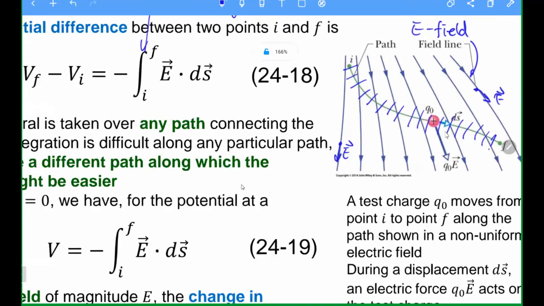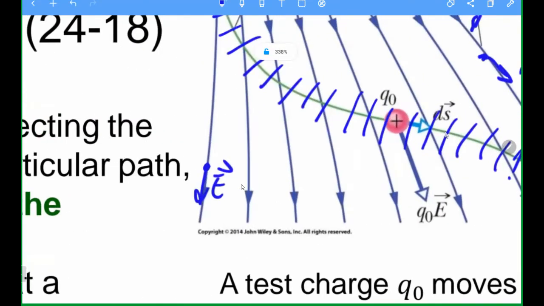If we would like to calculate the small E dot ds, we have ds pointing in this direction, and E pointing in this direction.